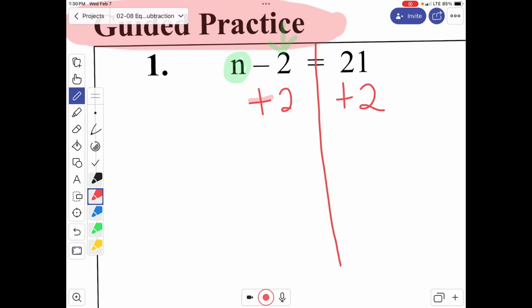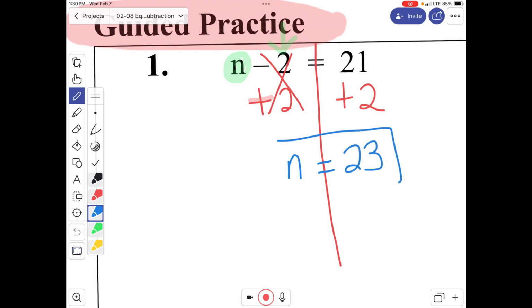We're going to have way bigger problems before this is over with, and you need to practice doing the steps correctly. So we have plus 2 on both sides. The 2's cancel. N comes down. He's on the left, so he stays on the left. Equal sign stays on the wall. And 21 plus 2 makes 23.